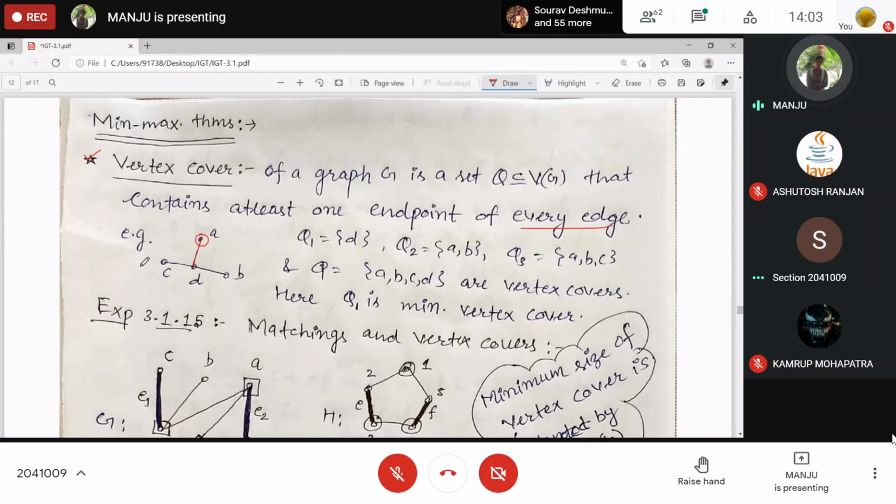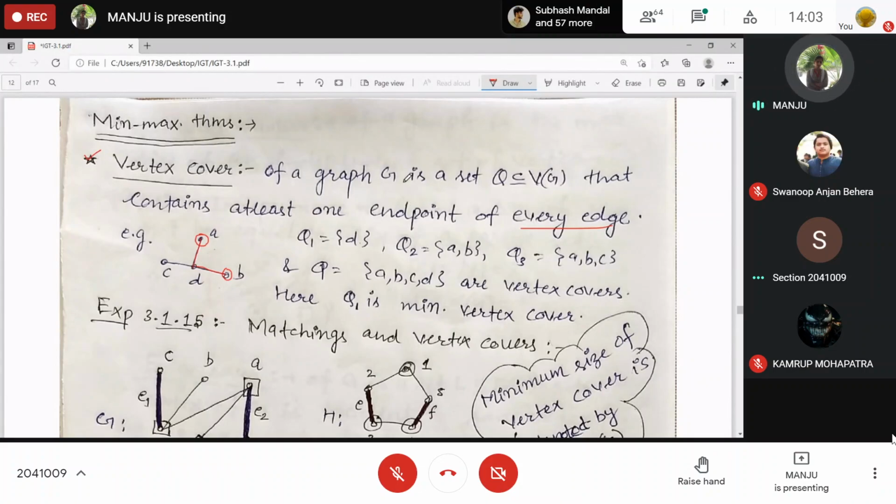Not covering this one, not covering this one. What about if I take A and B? Yes, B is covering this edge, containing the endpoint of this edge, right? A is covering this edge. What about C? No, right? CD is not covered by A and B, right?